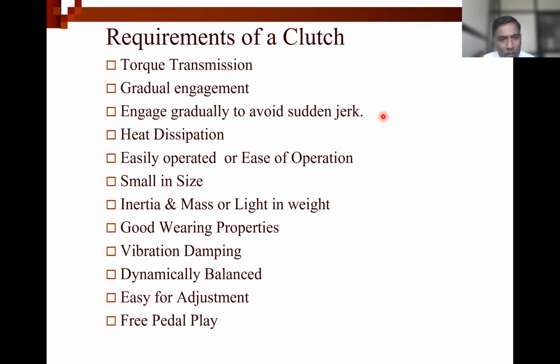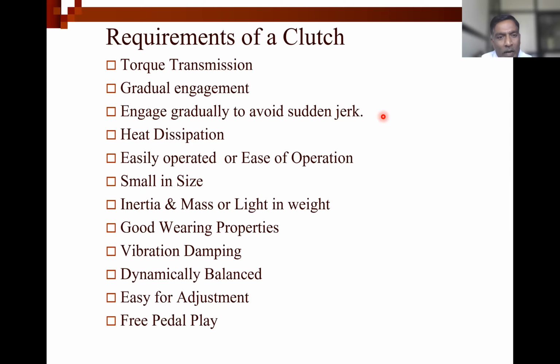Now whatever clutch assembly is provided, it should dissipate the heat. What does it indicate? The flywheel is there, and the friction plate, that is the clutch plate, is in contact with the flywheel. With continuous power transmission, it will get heated.